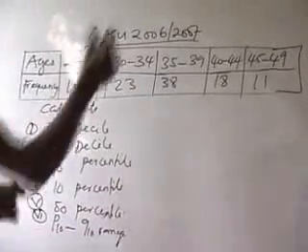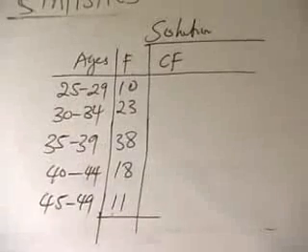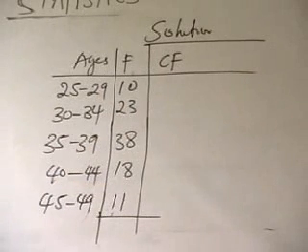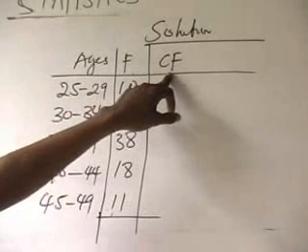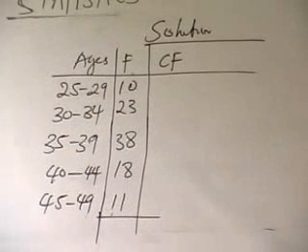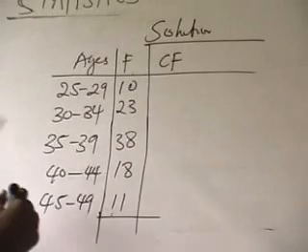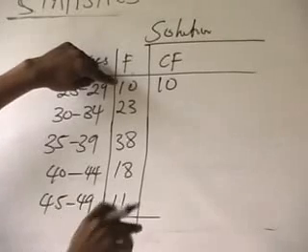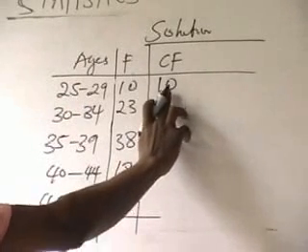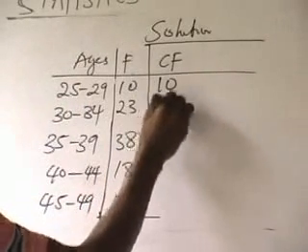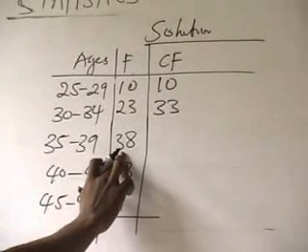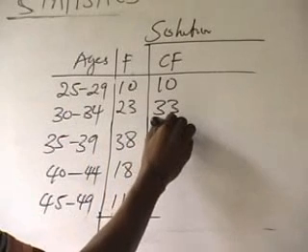So solution now. Let's go to the solution board. After writing the question this way, the first thing you are going to do is to get the cumulative frequency. The first frequency is 10, so the first cumulative frequency is 10. The next one, 10 plus 23, will give us 33. 33 plus 38 will give us 71.